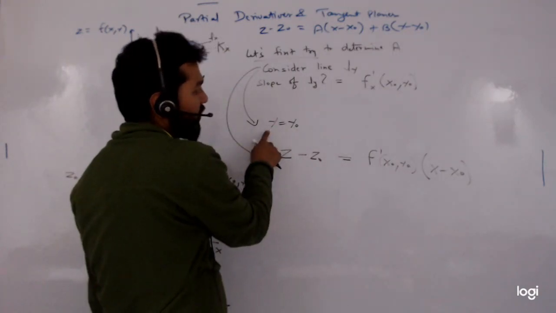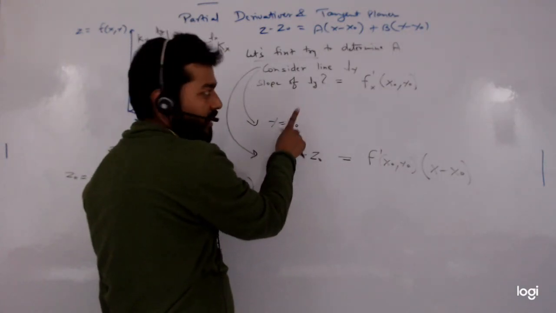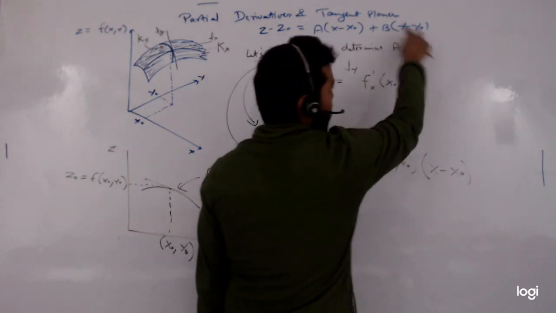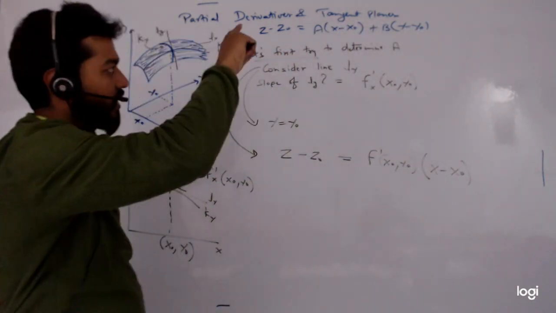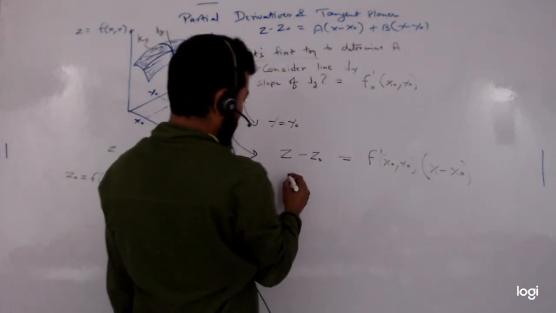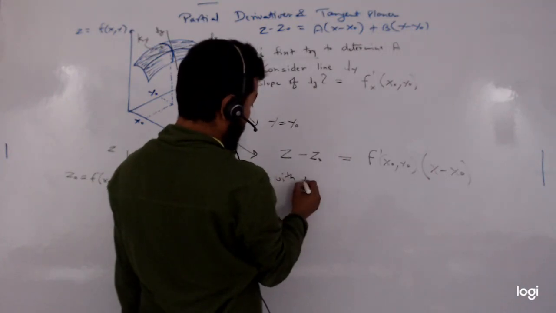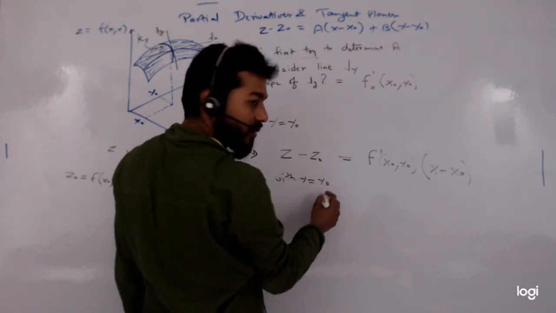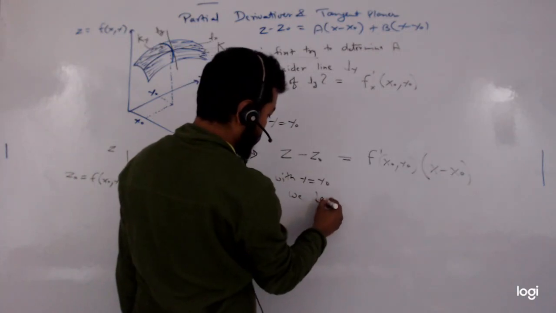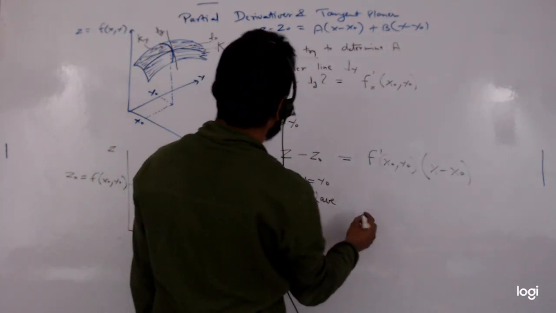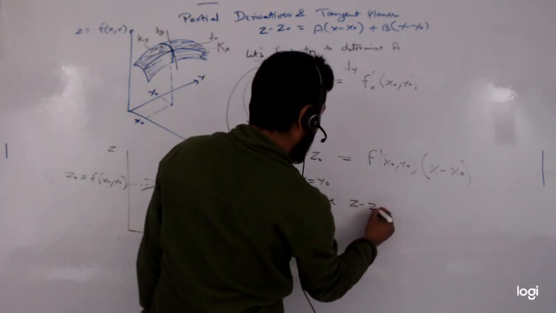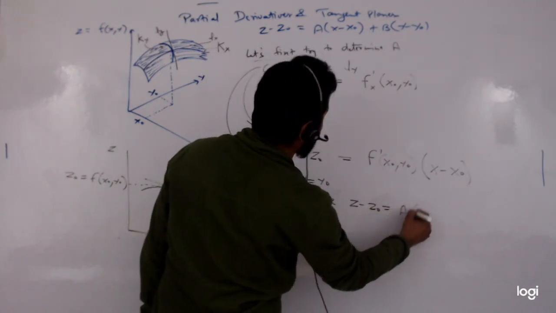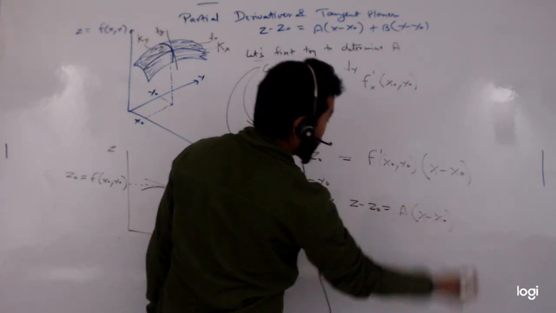Alright, now let's compare these two together. We have y is equal to y naught. That means this component is 0. So what are we left with? With y equal to y naught, we have z minus z naught is equal to a times x minus x naught.